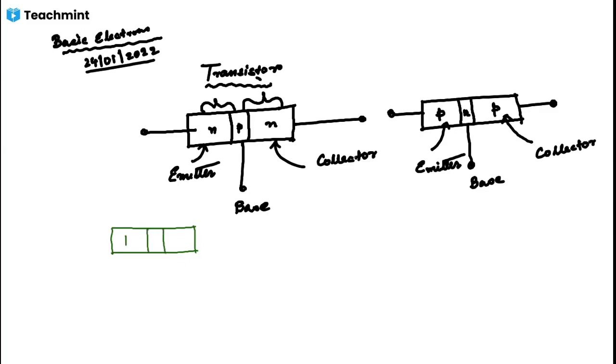So this is a PNP transistor, and I told you the emitter side will be forward biased, and the collector side will be reverse biased.